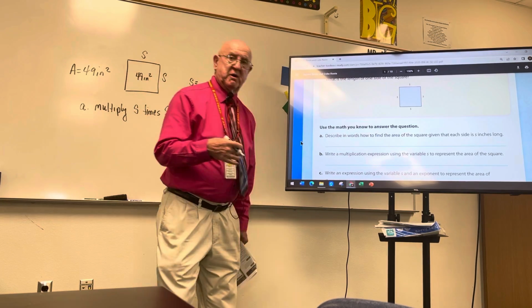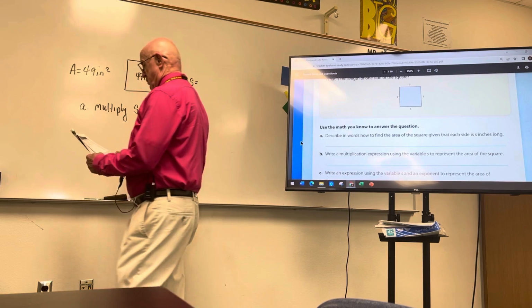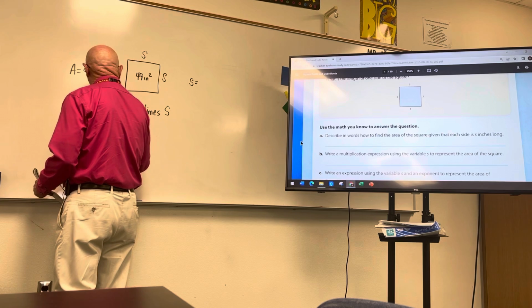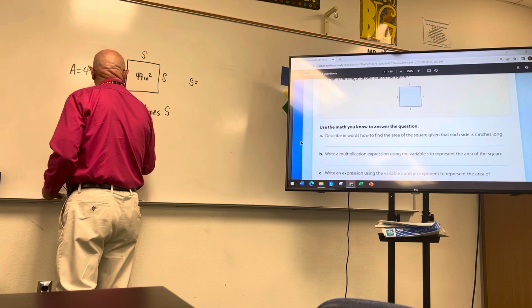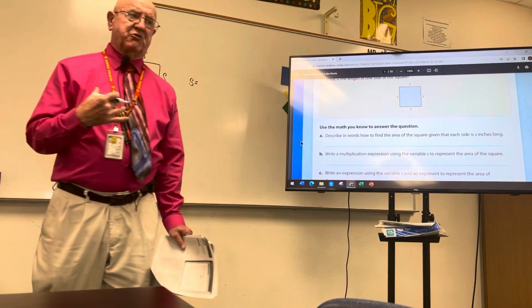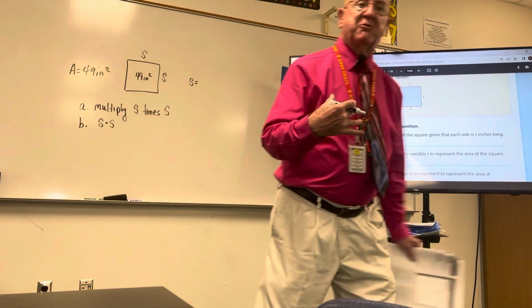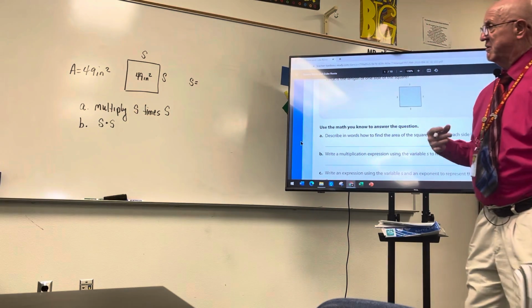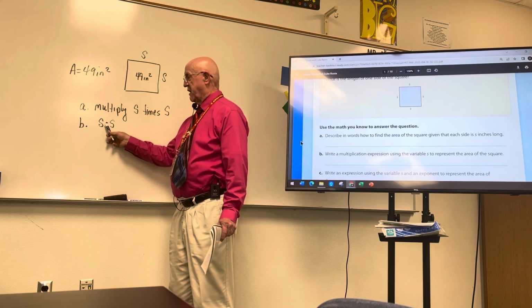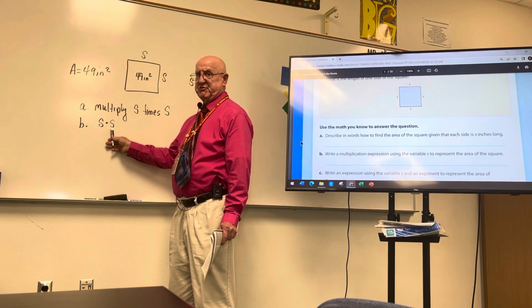Now we need to write a multiplication expression using the variable s to represent the area of a square. So B is going to be s times s. That's the variable sentence, the multiplication. This is the same thing in words: multiply s times s.